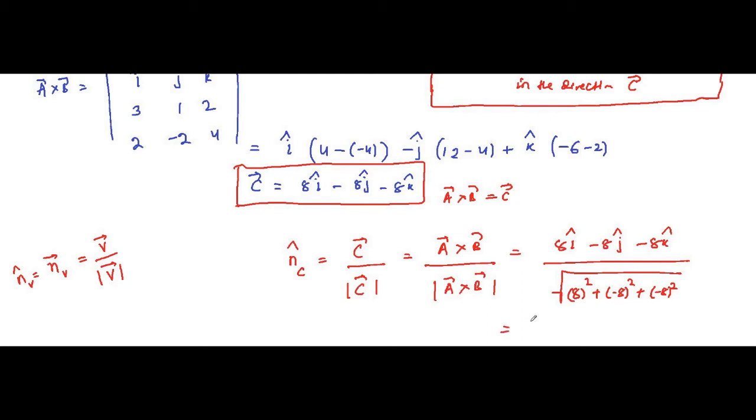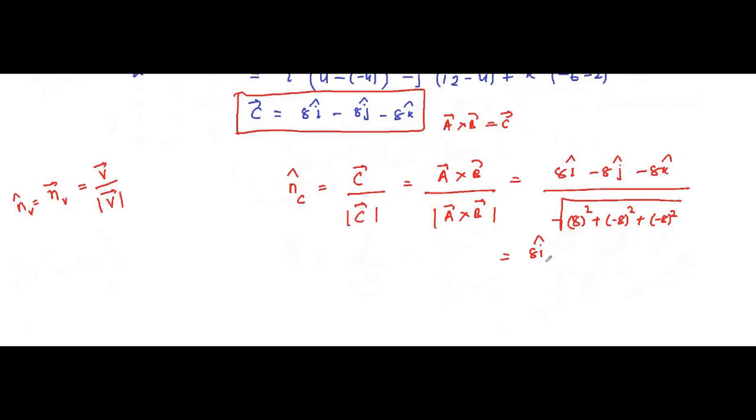Let us calculate: 8 square plus 8 square plus 8 square. So there will be 8i cap minus 8j cap minus 8k cap divided by 8 root 3.